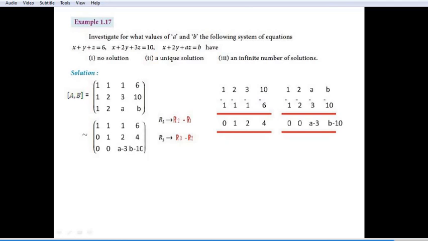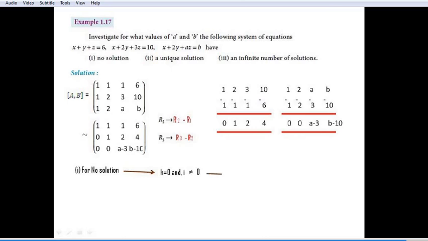In the previous slide we learned when you get no solution, unique solution and infinitely many solutions. So finally we got the echelon form. In place of H we have A minus 3, in place of I we have B minus 10. For no solution, H is equal to 0 and I is not equal to 0.